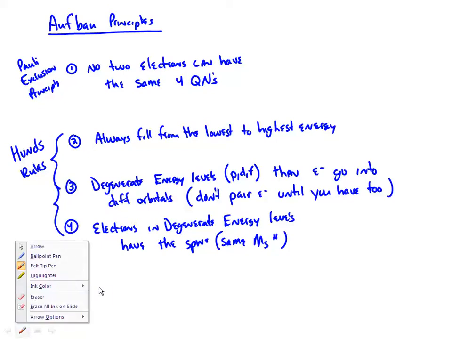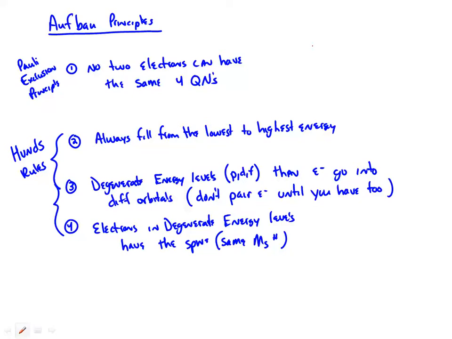If we put this in layman's terms, it's basically saying electrons stay as far apart as possible for as long as possible. And the part about having the same m sub s numbers, that really gets into more mathematics, but realize that if they have the same m sub s number, they interact less than if they would have different m sub s numbers.